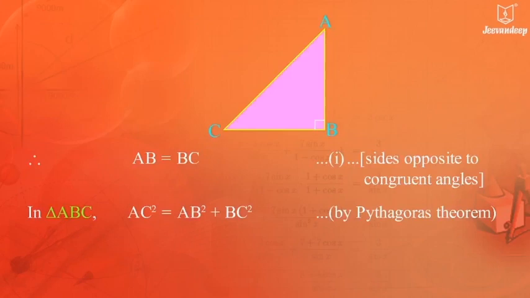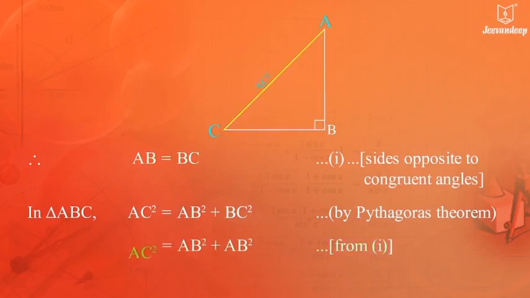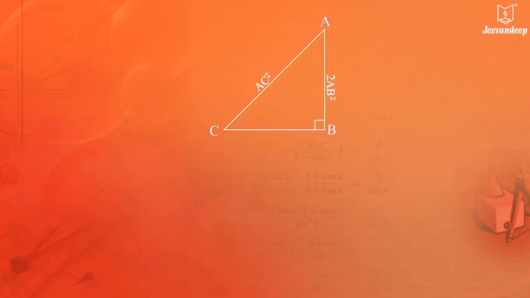In triangle ABC, AC square equals AB square plus BC square by Pythagoras Theorem, equals AB square plus AB square from equation 1, or AC square equals 2 AB square, or half AC square equals AB square.